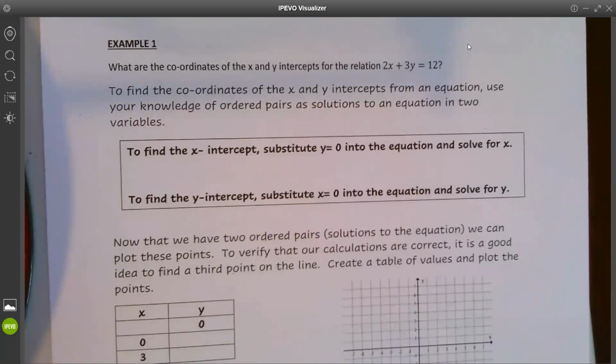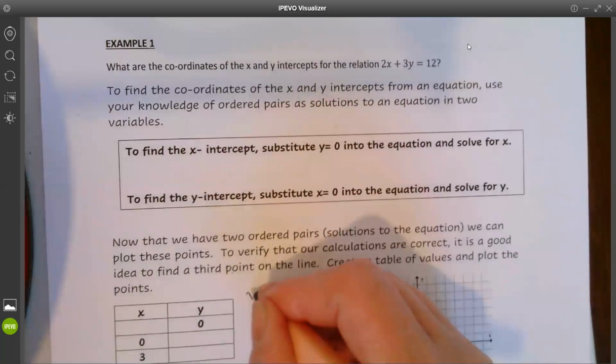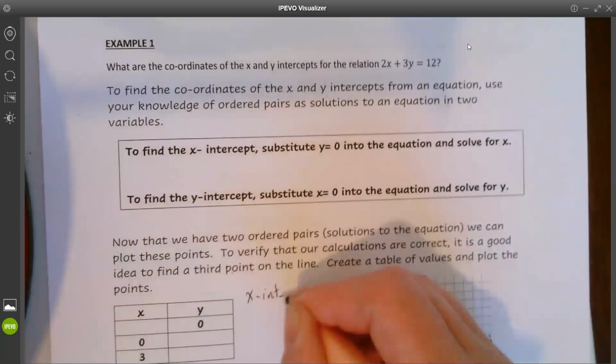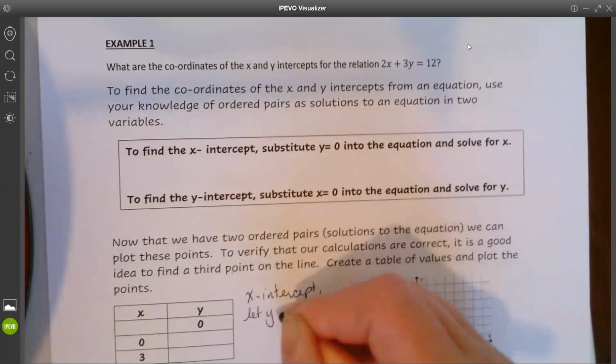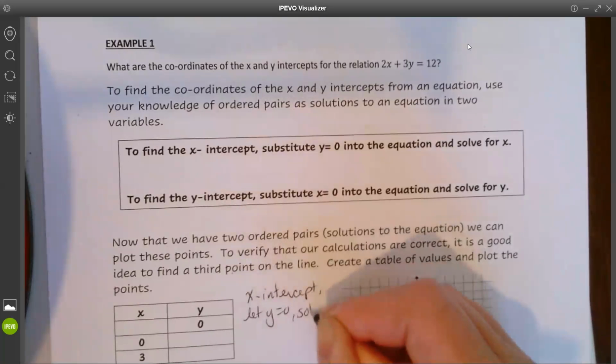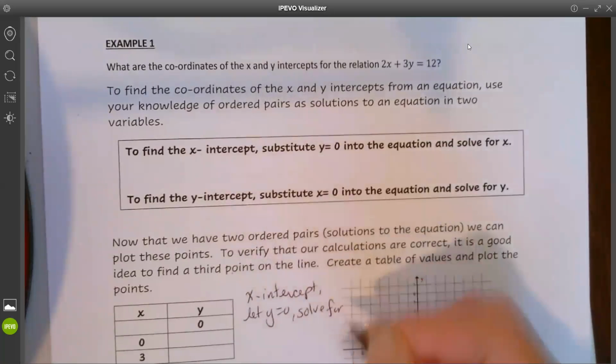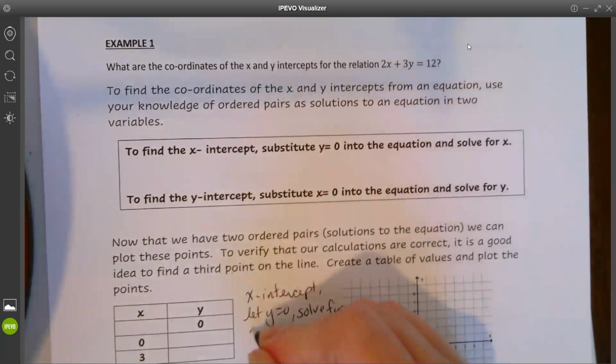So now, using our understanding of ordered pairs and solutions to equations in two variables, we are going to find the x-intercept by letting y equal 0. So I'm just going to come down here and write x-intercept: let y equal 0, solve for x.